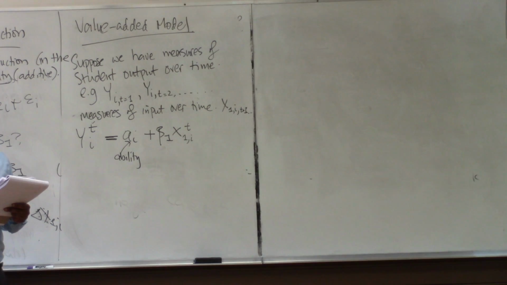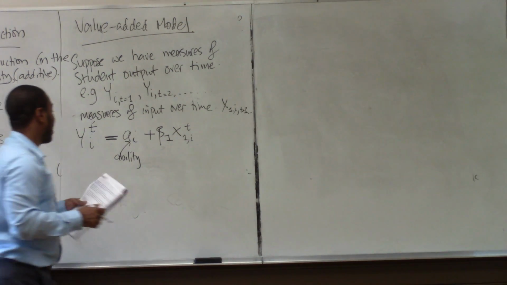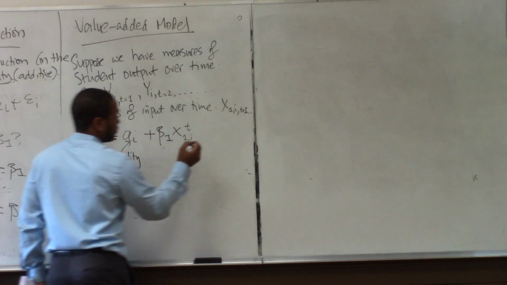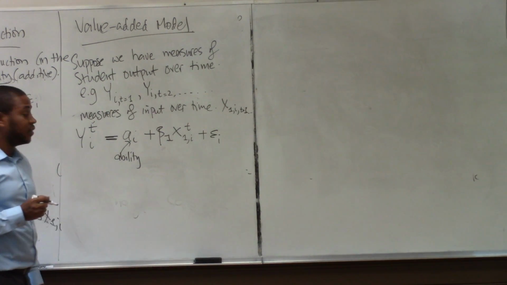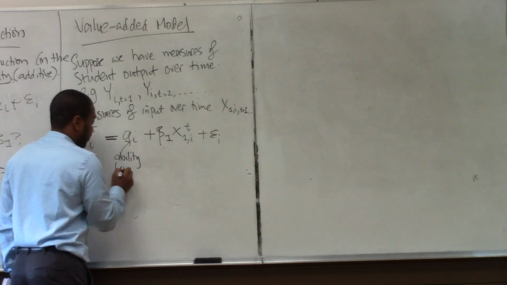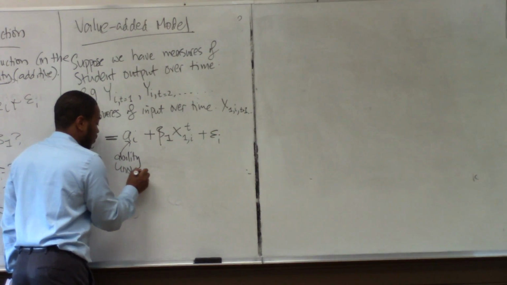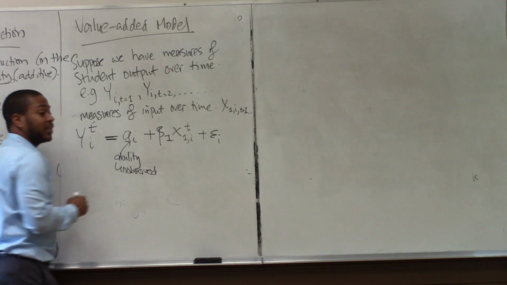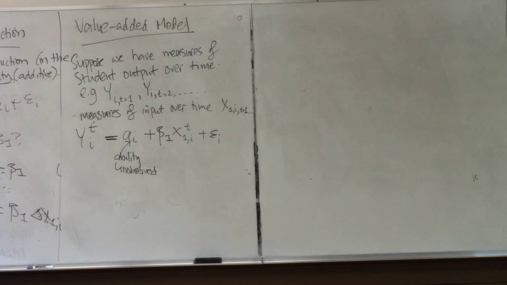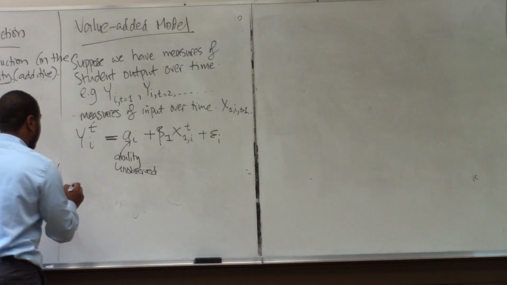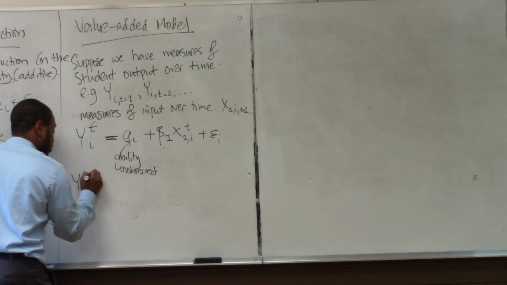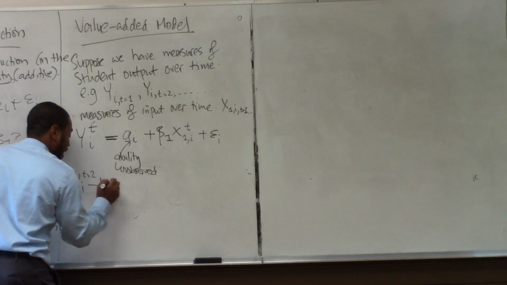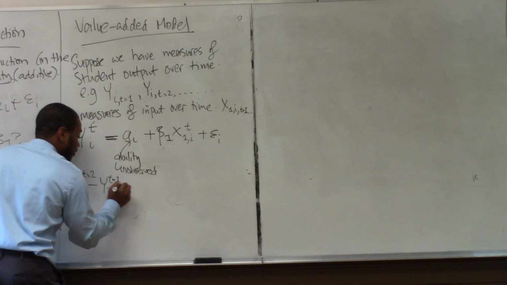Does that make sense so far? And so now what we can do is, this is plus epsilon i. Now this ability is unobserved, but it's constant across time. So what we can do is we can say, let's take yi at t equals 2 minus yi at t equals 1.